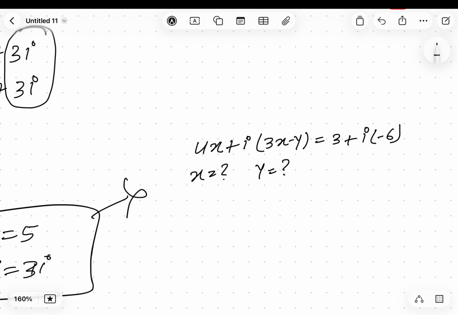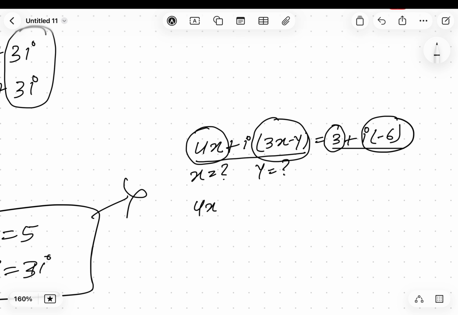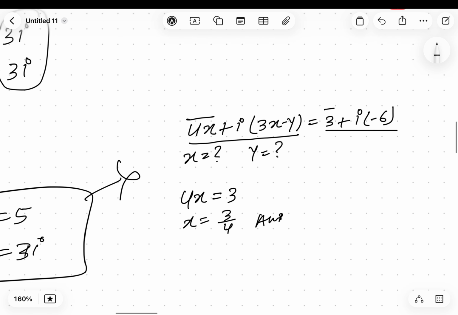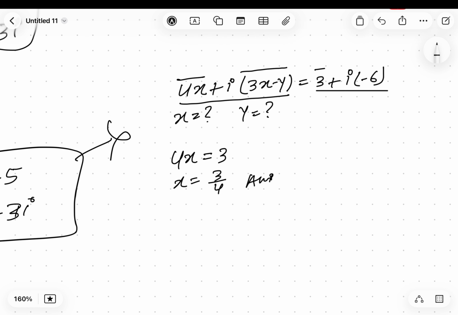We know that if two complex numbers are equal, then the real parts will be equal and the imaginary parts will be equal. So 4x, that is the real part, will be equal to 3. So x equal to 3 by 4, first answer. And second, the imaginary part 3x minus y will be equal to minus 6.